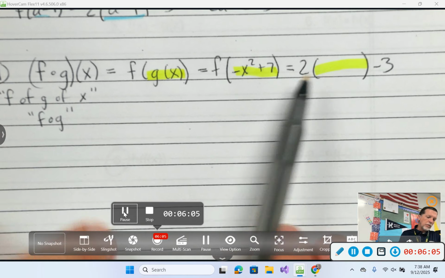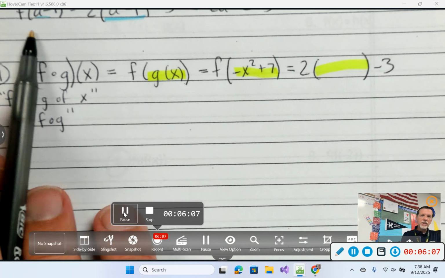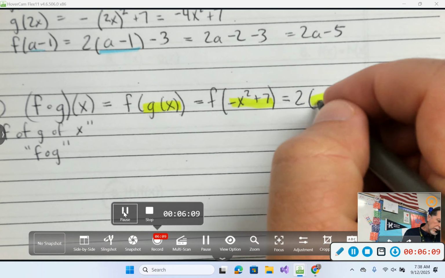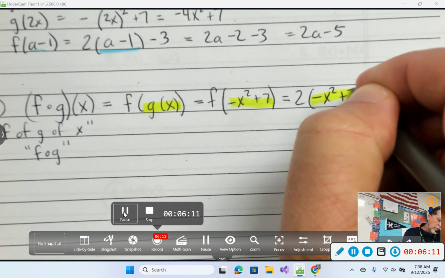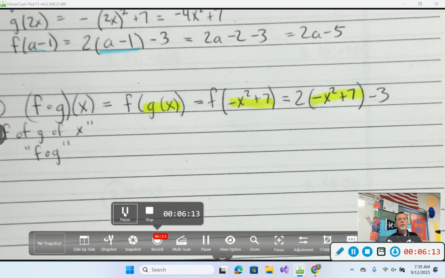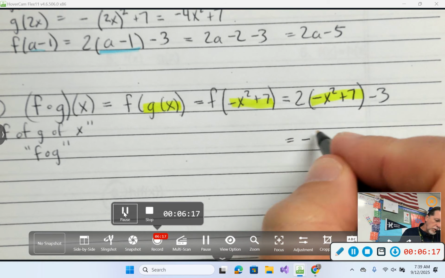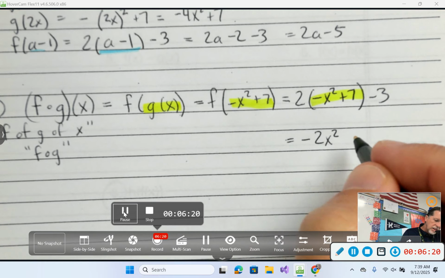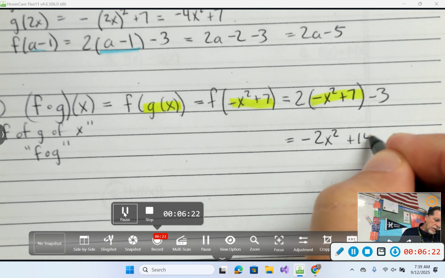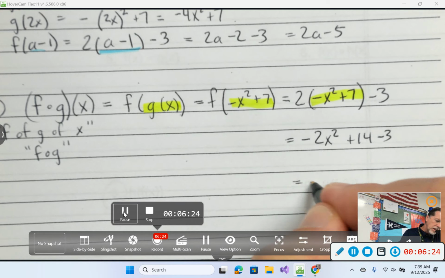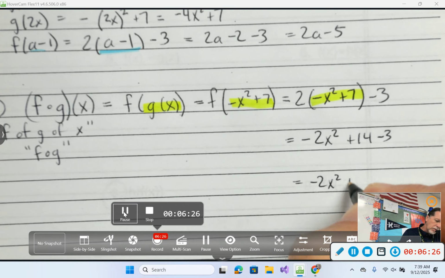Again, the first thing we did was plug in 3. Later we plugged in a minus 1. But right now we're going to plug in negative x squared plus 7. And then distribute and clean up a little bit. Negative 2x squared plus 14 minus 3 is negative 2x squared plus 11.